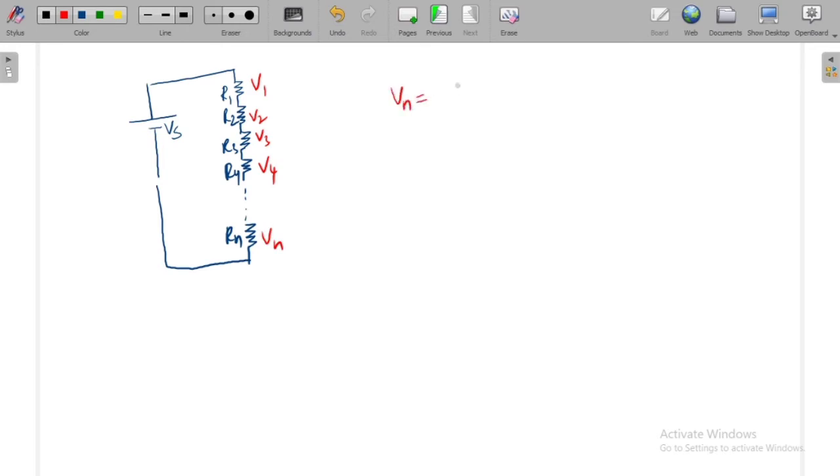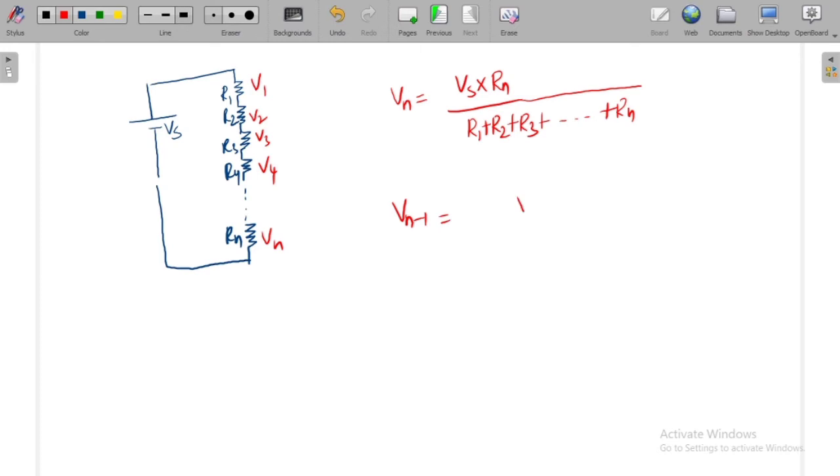Now how can I find the voltage across any resistor Rn? It is just the product of source voltage and that particular resistor divided by the sum of all the resistors. It is as simple as that.